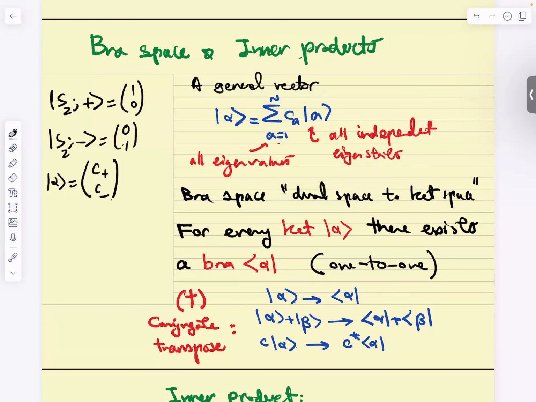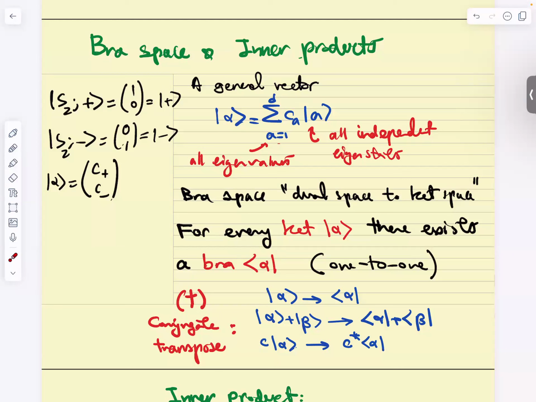Everyone follows this notation? The sum runs over all eigenvalues; in the case of S_z, it runs over two terms. I've been talking about a D-dimensional Hilbert space, so I should put D here, not N.